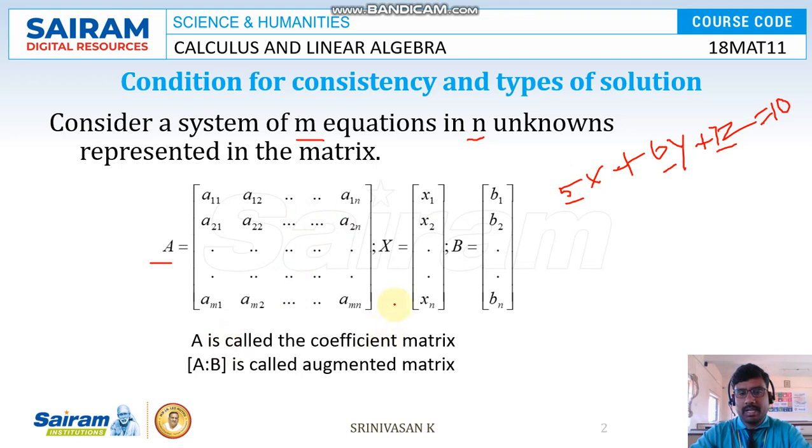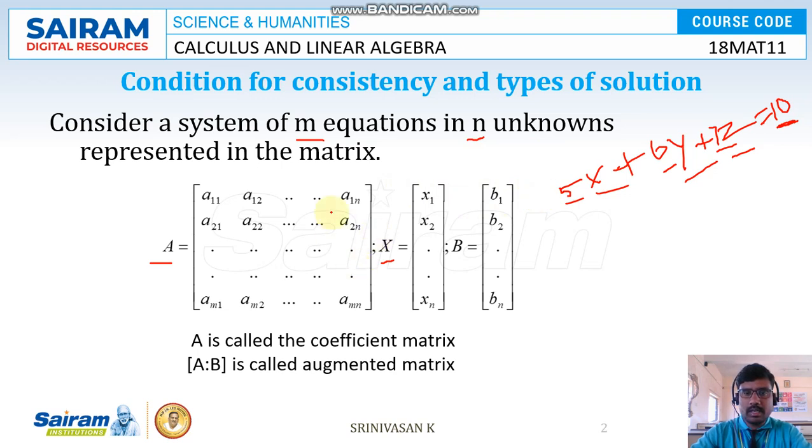The constants are the coefficients of the A matrix. The remaining one is X, the unknown variables x, y and z, which may be written as x1, x2 and x3. So X is the unknown variables and B is the constants, here 10.